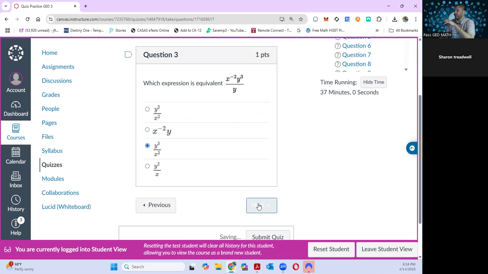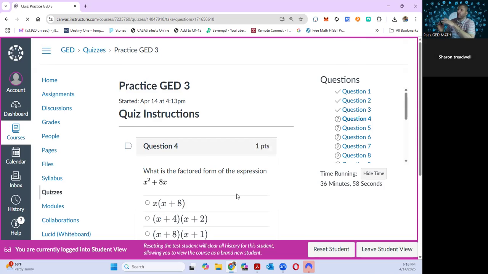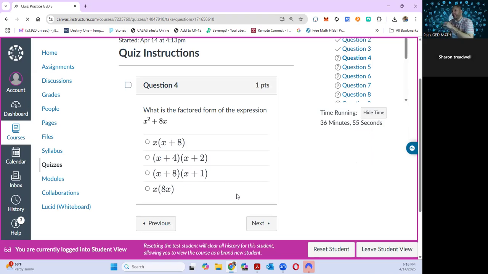That took you 15 seconds. What is the factored form of the expression x squared plus 8x? One. That took you about 8 seconds.